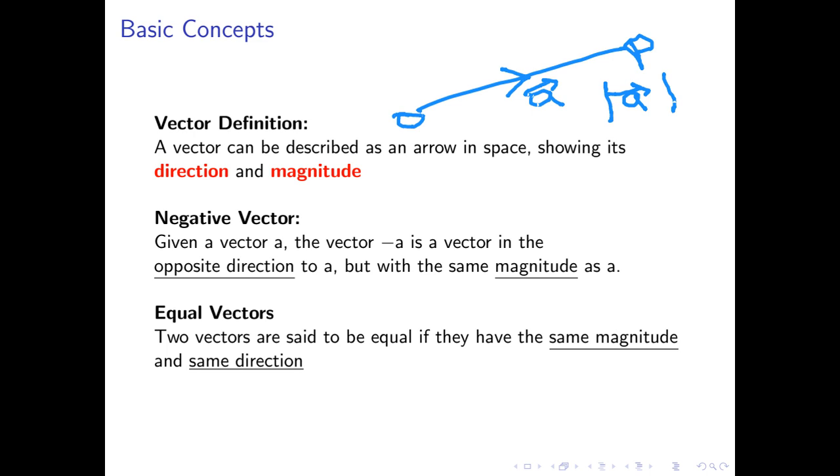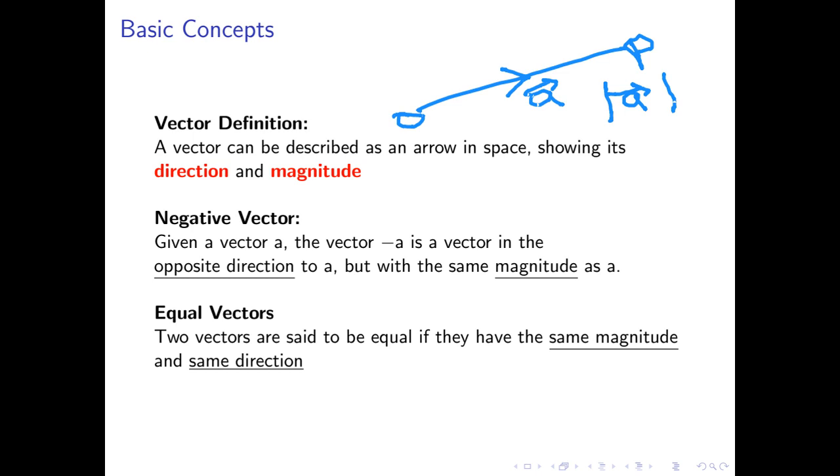So this tells us the difference between a vector and scalars. Let me say it one more time. It's going to have direction and it's going to have magnitude, or the length of such arrow.